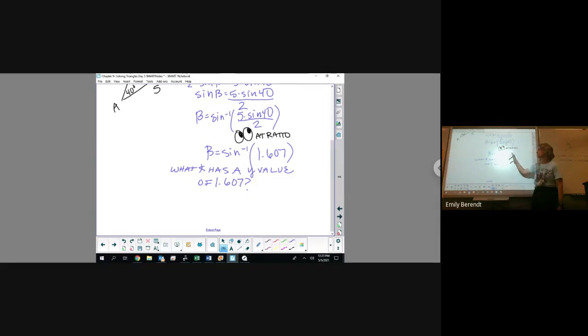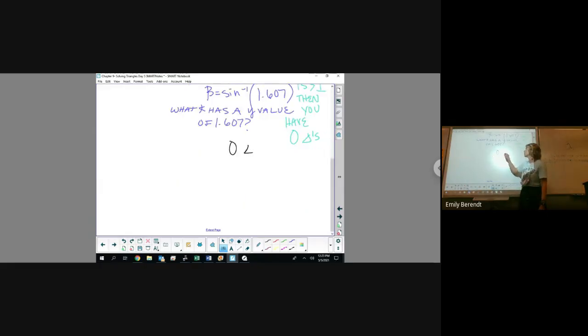So you take a look at the ratio, and if the ratio is greater than 1, then you have 0 triangles. So your conclusion is 0 triangles.